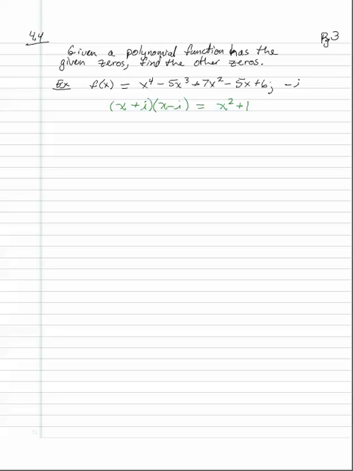So now I know that x squared plus 1 is a factor. Since this is a factor, that's a factor, because if it's a 0, then you do x minus the 0 to get the factor.